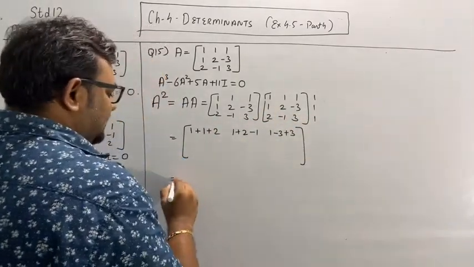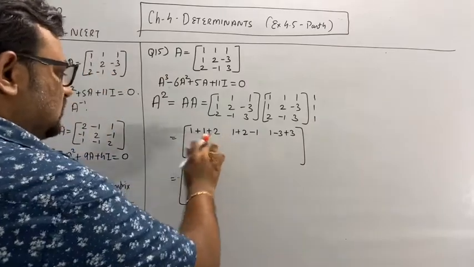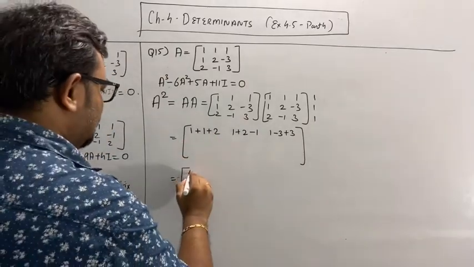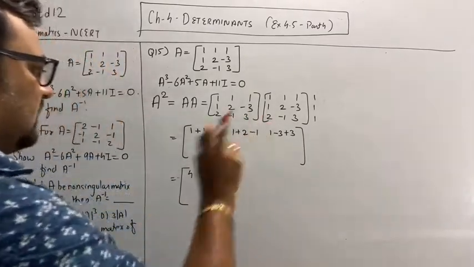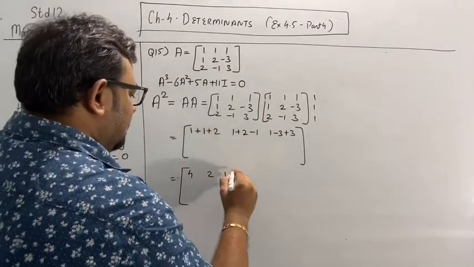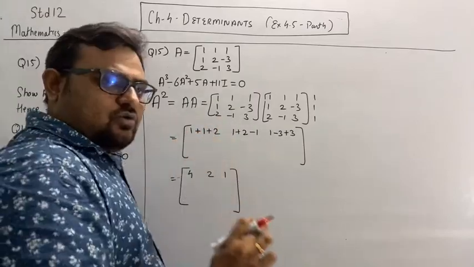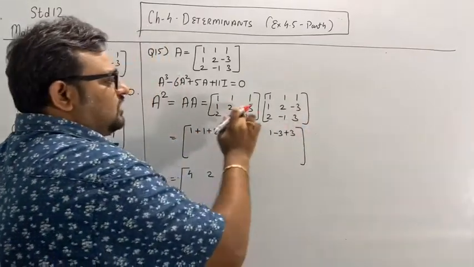Let me calculate it here only again. 1 plus 1 plus 2 will be equal to 4. 1 plus 2 minus 1 will be equal to 2. And 1 minus 3 plus 3 will be equal to 1.